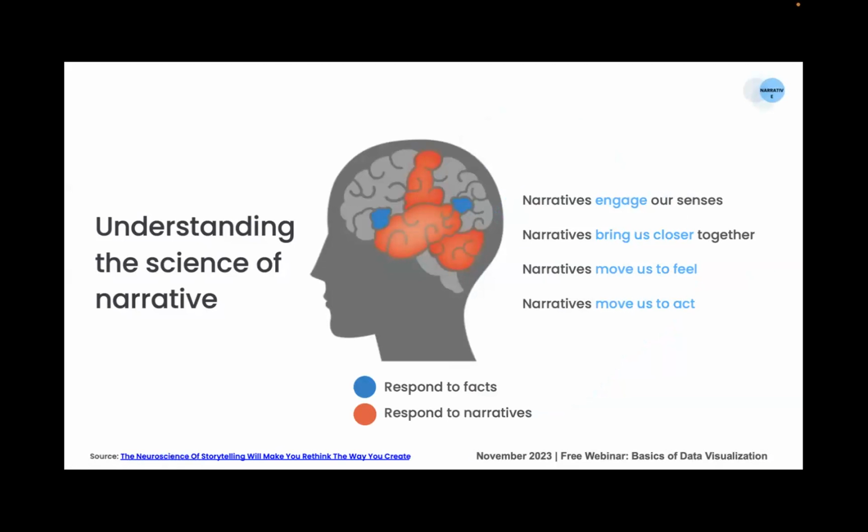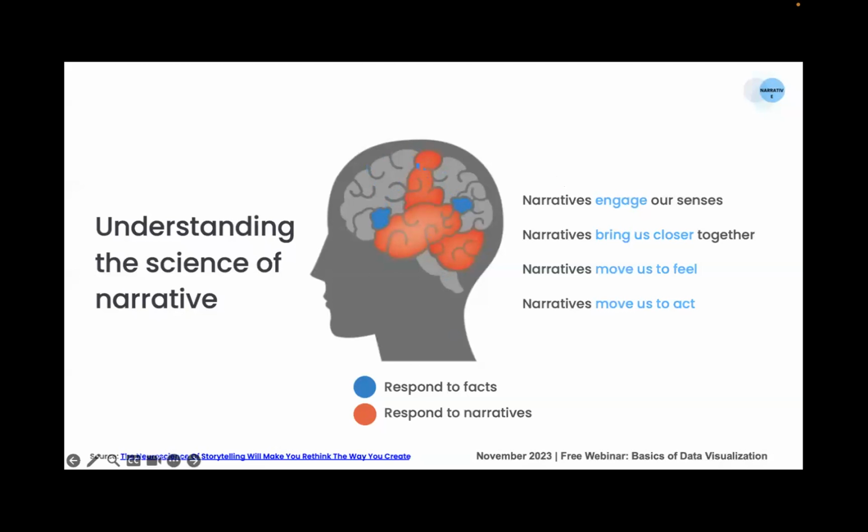A group of neuroscientists look at which part of the brain recognizes or gets activated when it comes to narratives. And should we say facts, or should we say narrative stories?